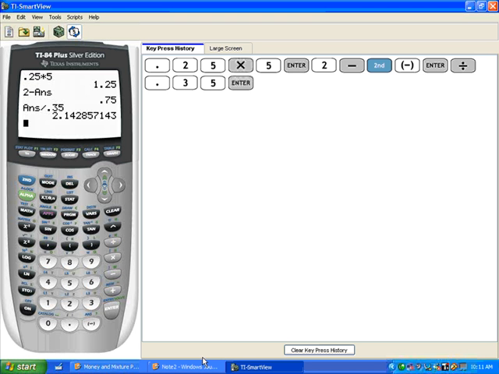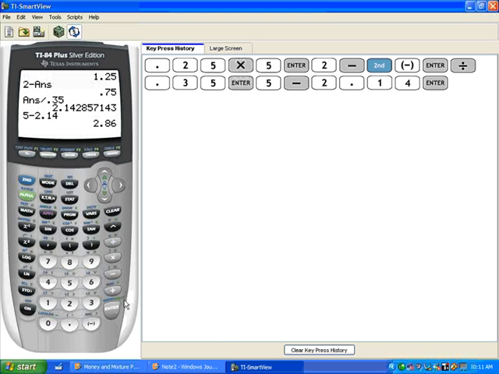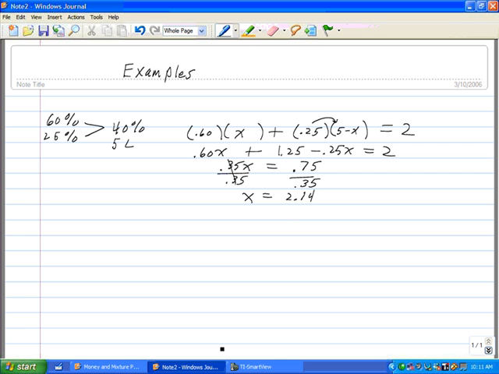The rest of it, which would be 5 minus the 2.14, is 2.86, and those are your two amounts for the 60% and for the 25%, so that you can get a 40% solution. And again, sometimes a little bit of round off is necessary.